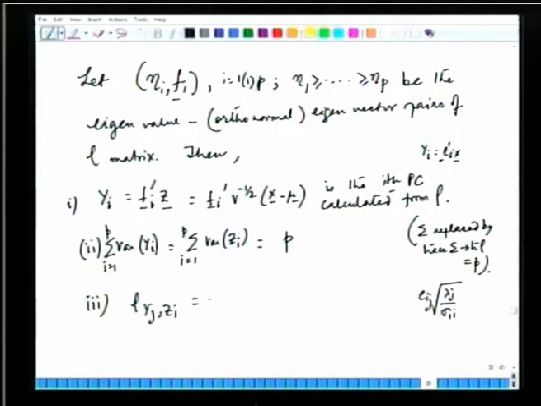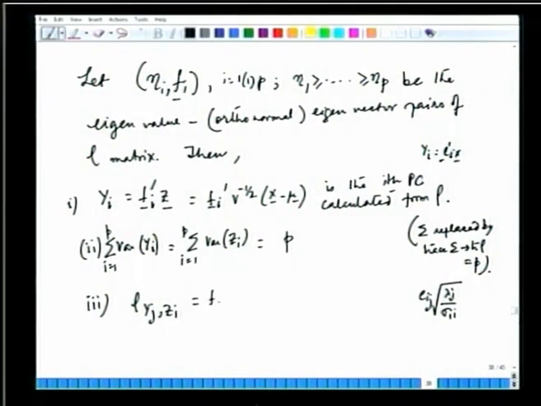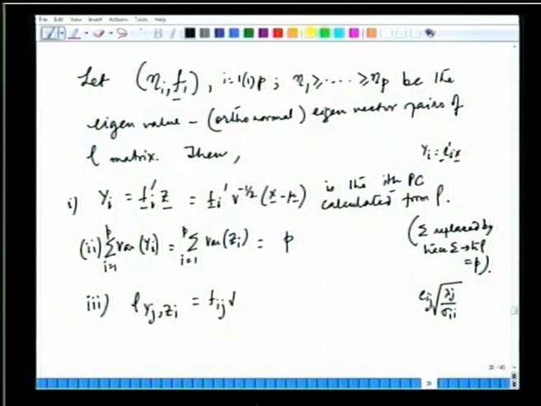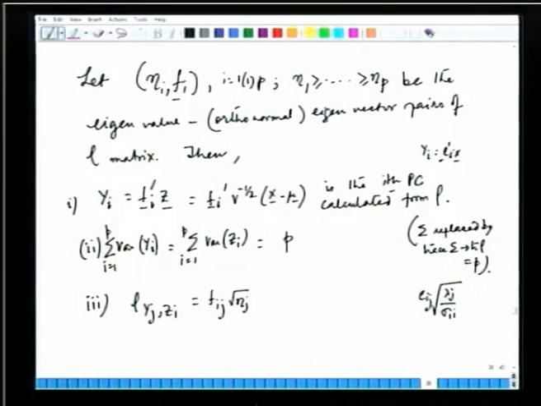So here it is going to be fij, with lambda j now replaced by eta j, and sigma ii is now equal to 1, because I am considering the rho matrix instead of the sigma matrix. Okay. So we will continue with the calculation of principal components from data after this.